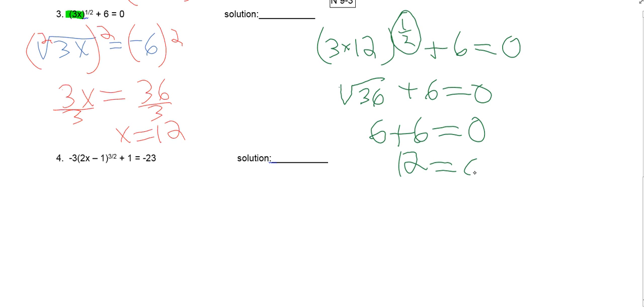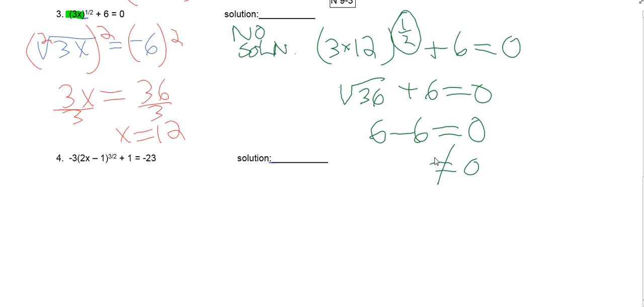You end up with 12 equals 0, which is not true. So we'll just simply put up here that there's no solution. No solution on this one. Okay, very good.